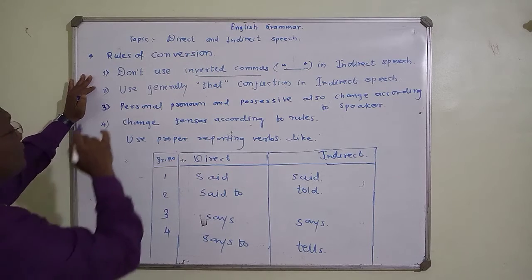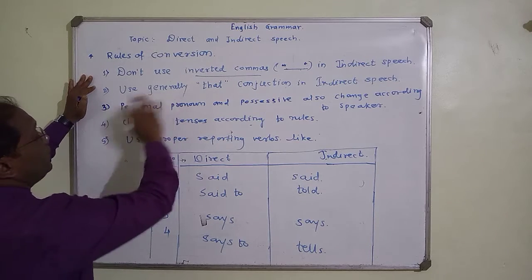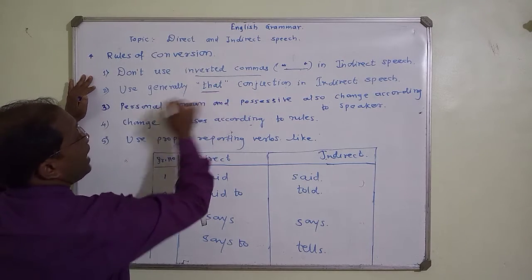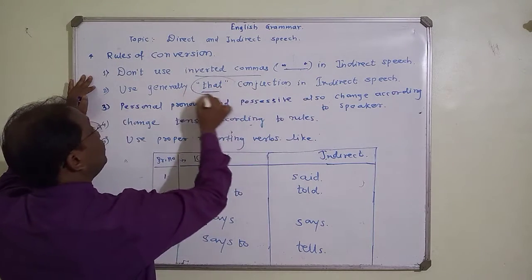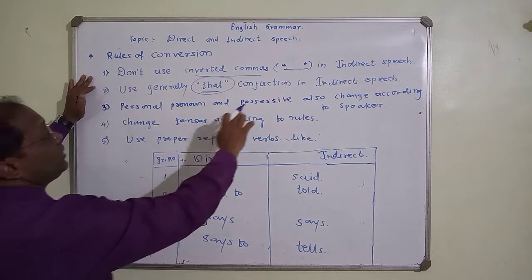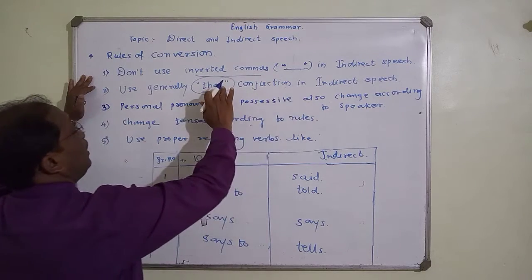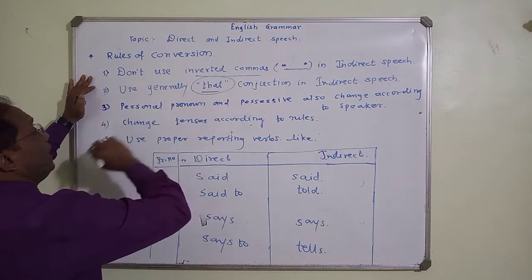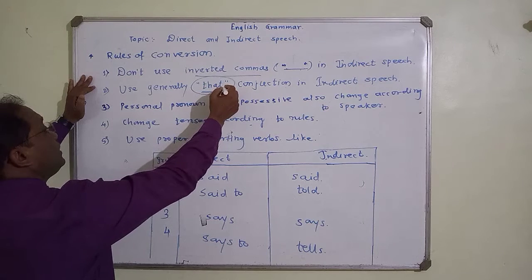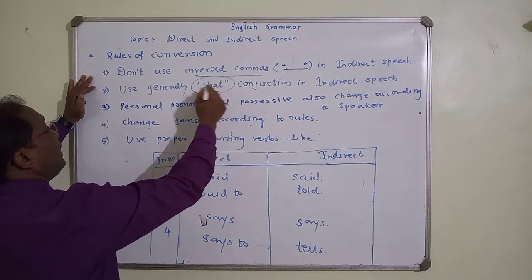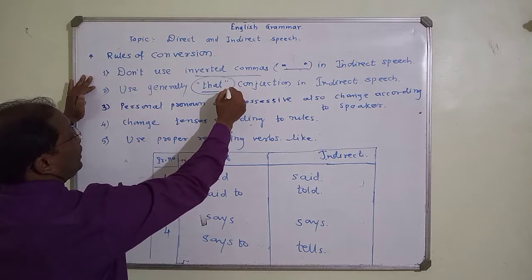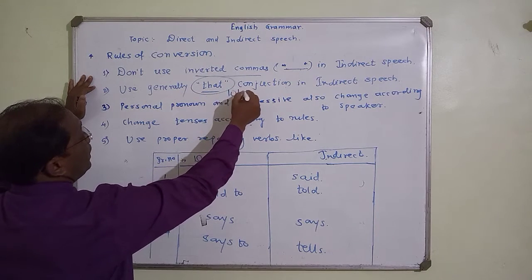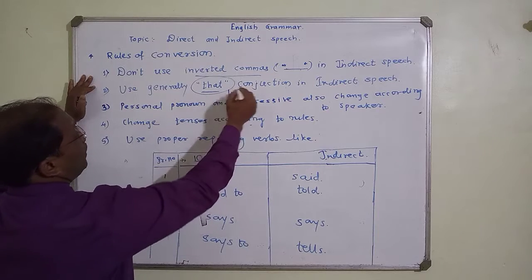Then the second rule: generally use 'that' as a conjunction in indirect speech. Then one more rule: if any sentence in the direct speech is an interrogative sentence, at that time use a WH conjunction.